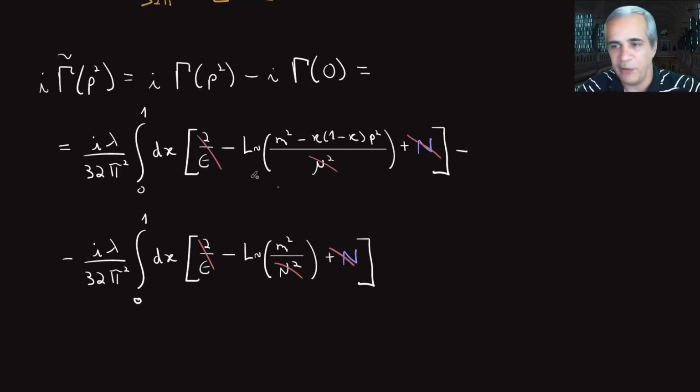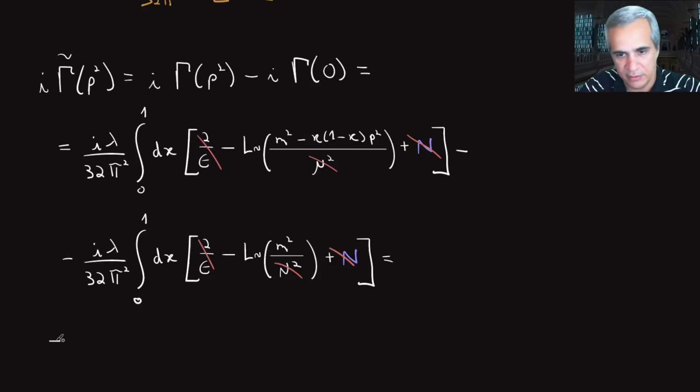In fact, you can see just by these three cancellations that everything that depends on these spurious parameters from my regularization goes away: the number, mu, epsilon. Epsilon is actually what's cancelling between these two pieces, the divergence. And you get something very nice here.